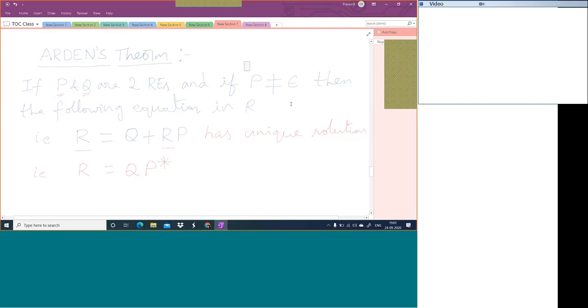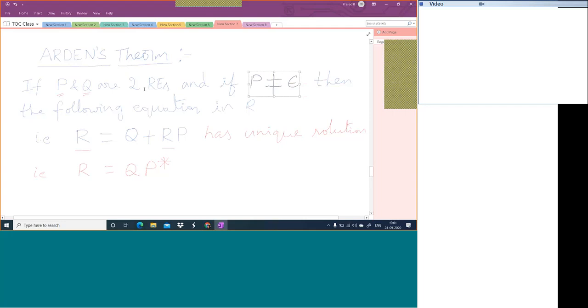P can be something other than epsilon. And remember, P and Q even they should not be phi, empty. P should not be epsilon and Q can be epsilon. That is the reason I didn't write Q not equal to epsilon. Q can be epsilon.